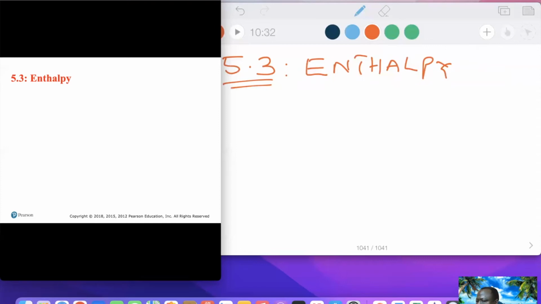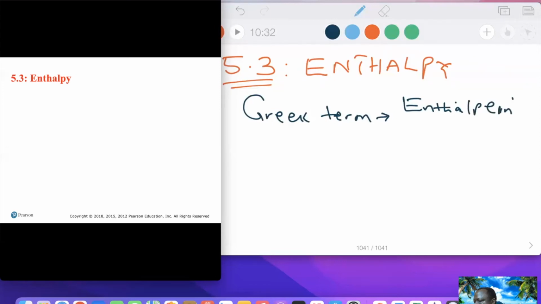This is a Greek term, which means enthalpy, meaning heat, just heat.